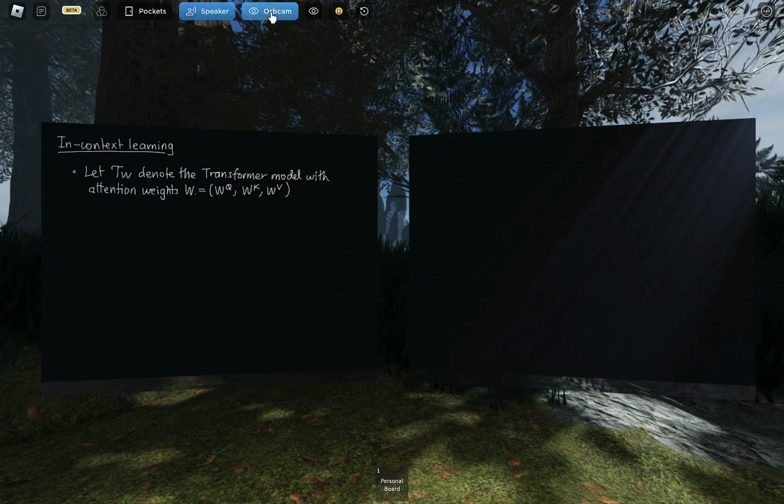So this is indexed over all the layers in the transformer. And this is as a family of functions.